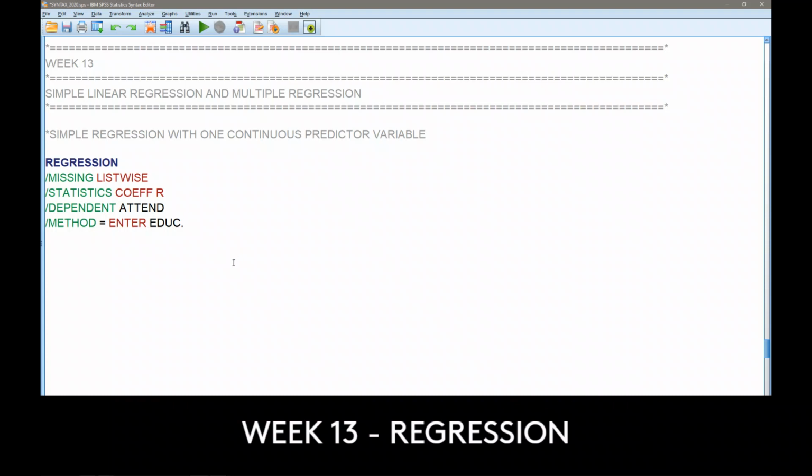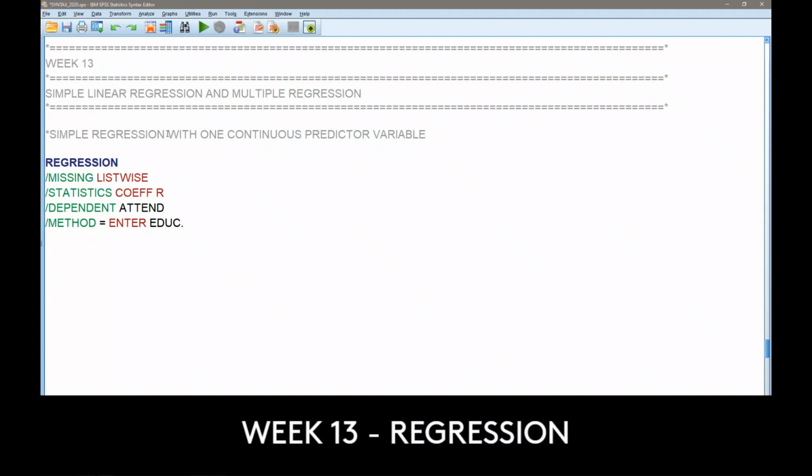This is especially true for any variables that we recoded into dummies, some of the categorical measures like marital status and race. You need to make sure that you have created proper dummy variables for each of these categorical type measures. All right, so let's begin first with simple regression.